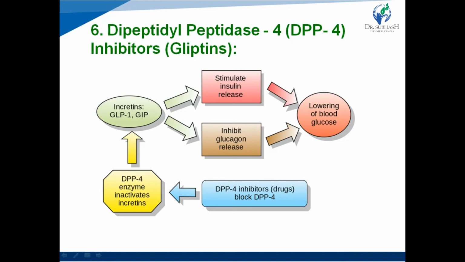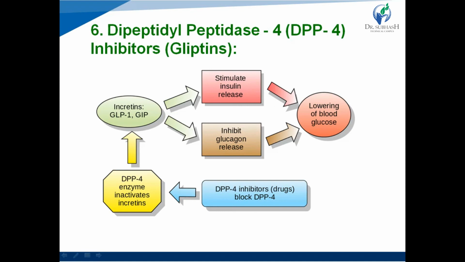We have seen this in the previous tutorials. And this dipeptidyl peptidase 4 inactivates incretins. So this inactivation has to be inhibited to lower the blood glucose level, and this is done by DPP4 inhibitor drugs. Incretins stimulate insulin release and inhibit glucagon release, so this results in lowering of blood glucose.